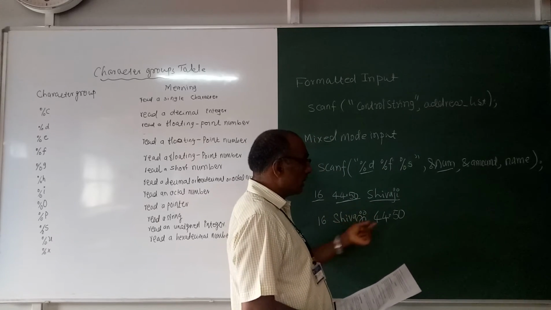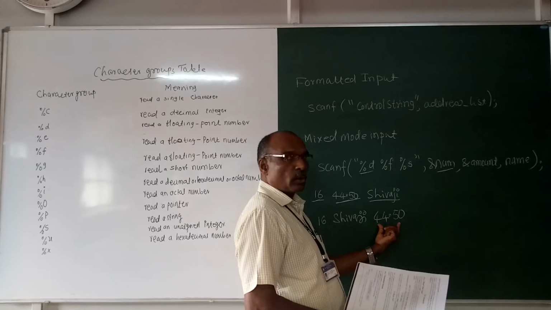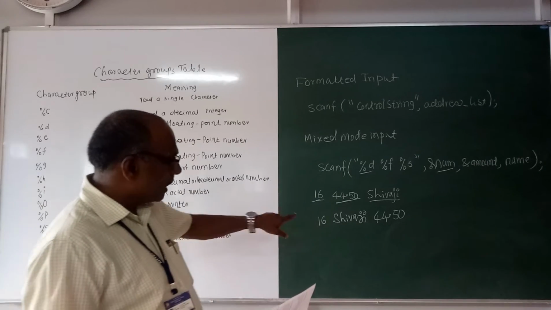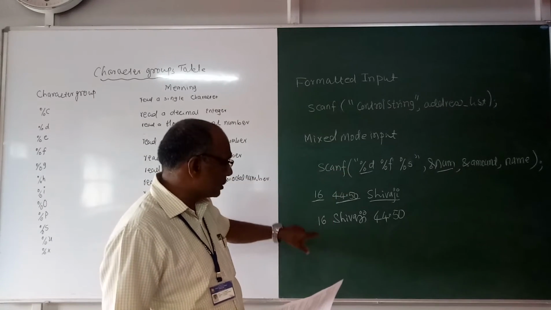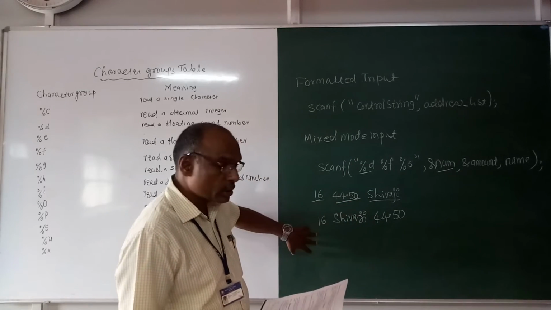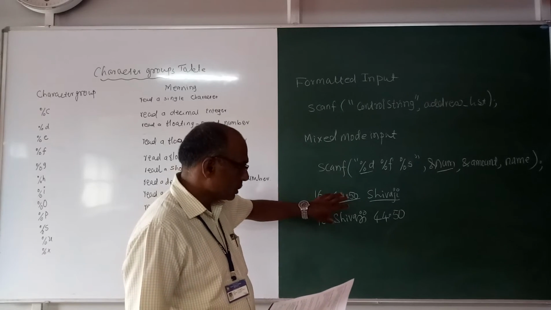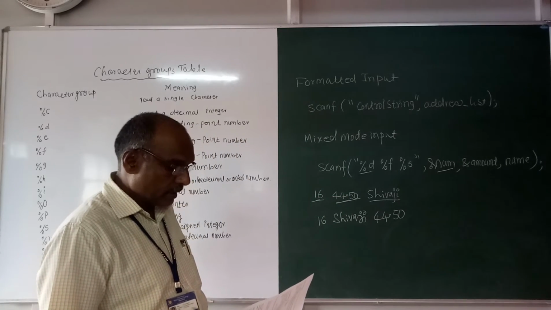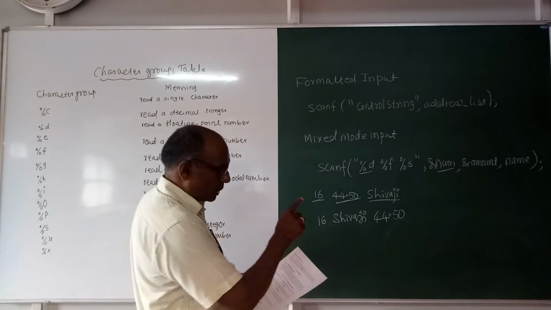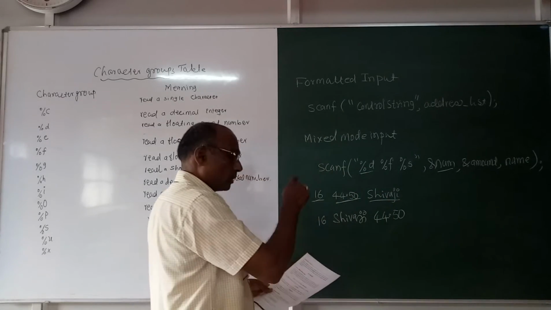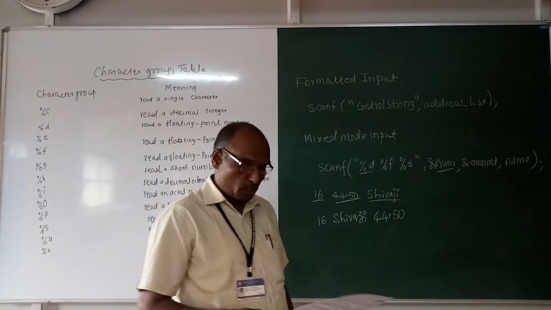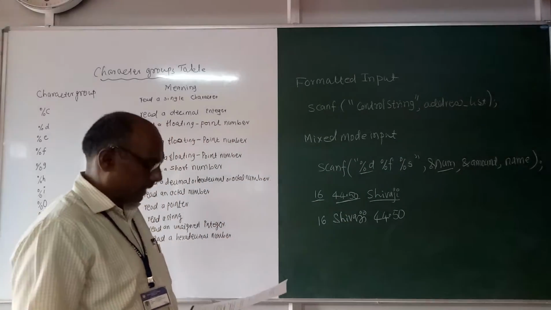This is a string, whereas this is floating point. So it will show an error. It will accept only one input because there are 3 inputs. When we feed it properly, it accepts all 3. When we mismatch the data type, or the order of the input variables with the mixed mode inputs, it will show the error.